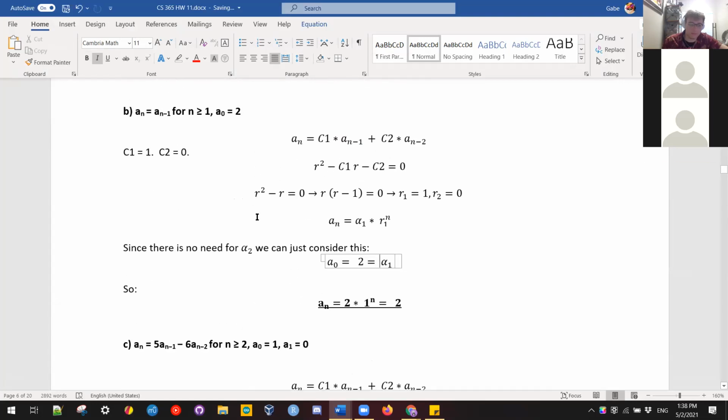I just want to point out, just because I didn't say anything about it previously, the reason why a0 is equal to alpha 1 in this case is because if you put in n equal to 0, whatever r is being set to the power of 0 is being turned into 1. So thus you're just having a0 equals alpha 1 times 1.